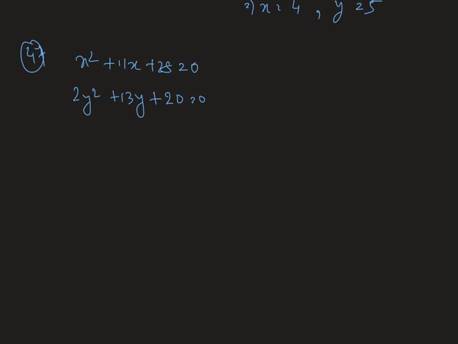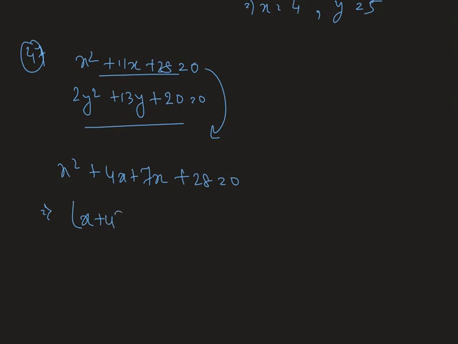Now if we factorize both the quadratic equations, for the first one we get x square plus 4x plus 7x plus 28 equals 0. Therefore the factors are x plus 4 and x plus 7.